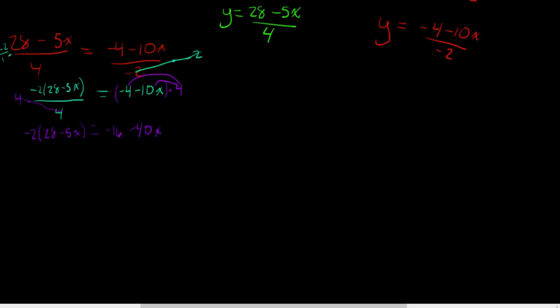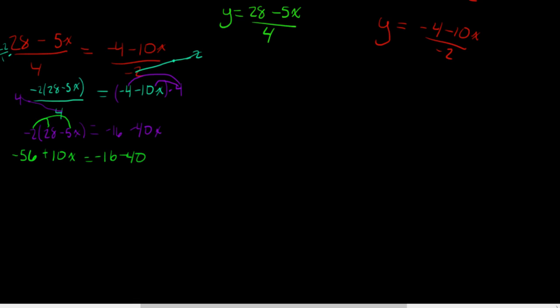Alright, so from here, we'll distribute this negative 2. Negative 2 times 28 is negative 56, and negative 2 times negative 5x is positive 10x. I'll bring down everything else. Next up, we need to make sure we have all the x's on the same side.